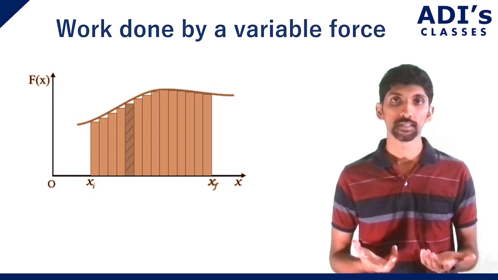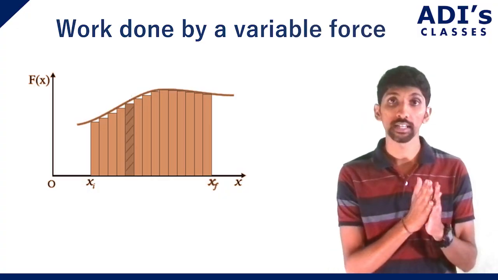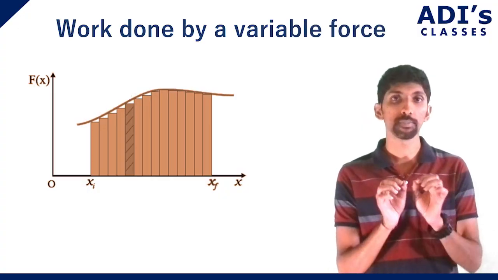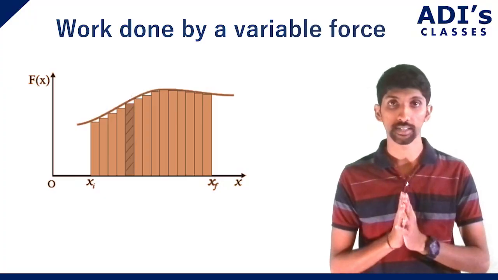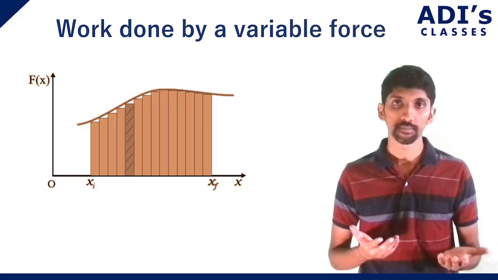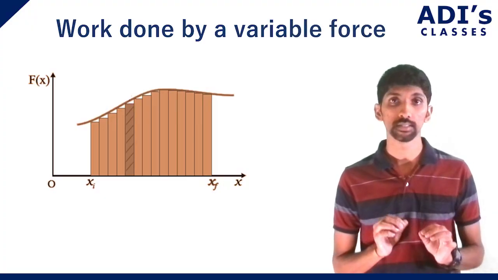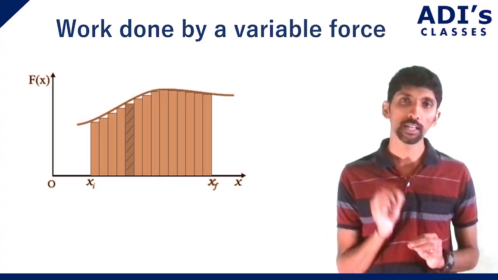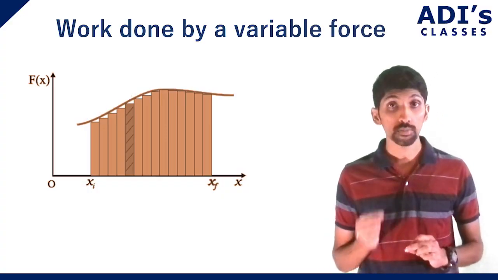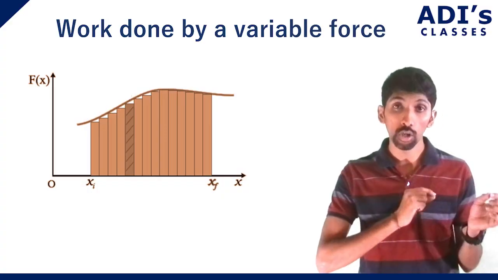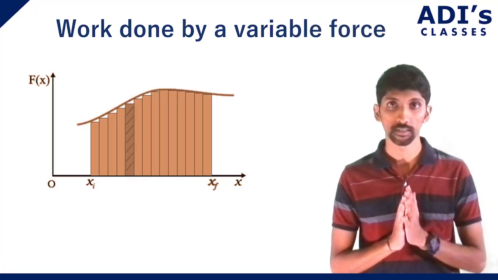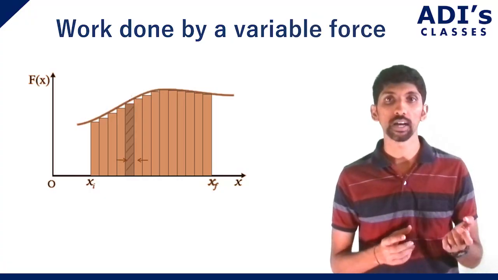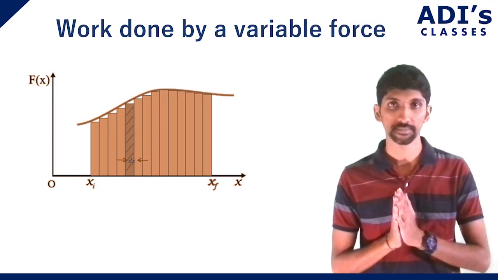If you increase the width of the rectangle, there will be some area which will be missing or which will be added extra, so it won't be accurate. For accuracy, the width of the rectangle should be very small, so small that it is almost zero. It's not exactly zero, it's almost zero, correct? We'll call that value dx.